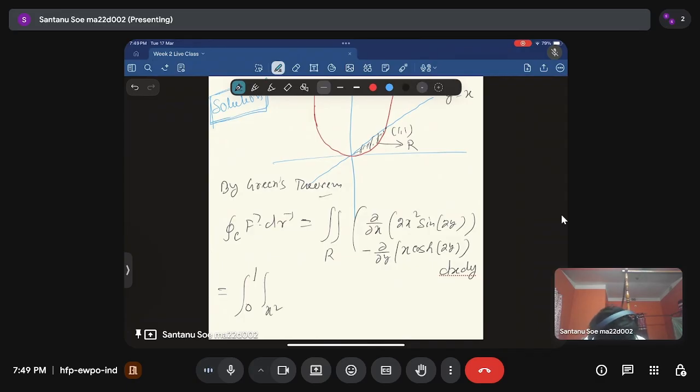So this is x squared to x, and this is just 4x sine hyperbolic 2y minus 2x sine hyperbolic 2y.